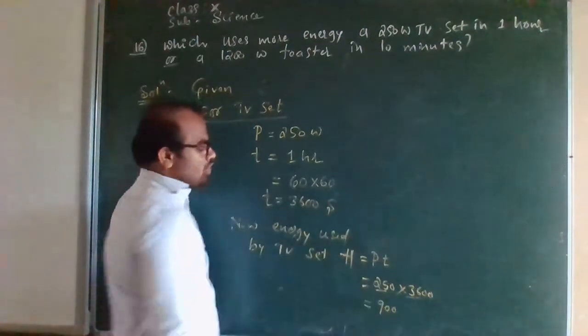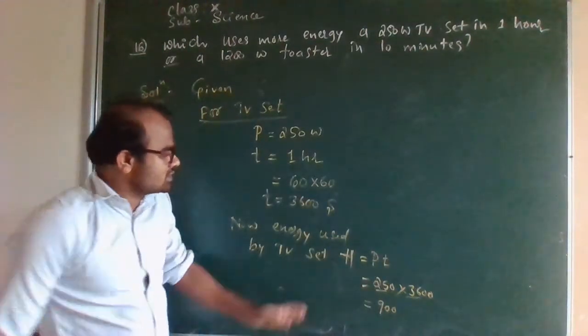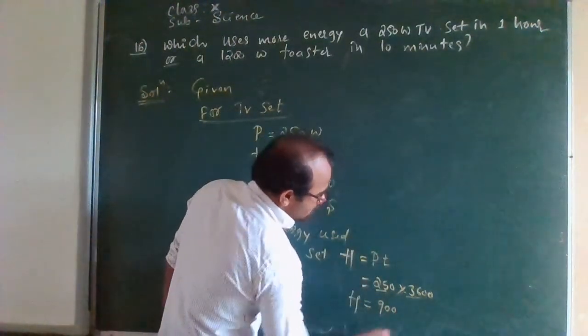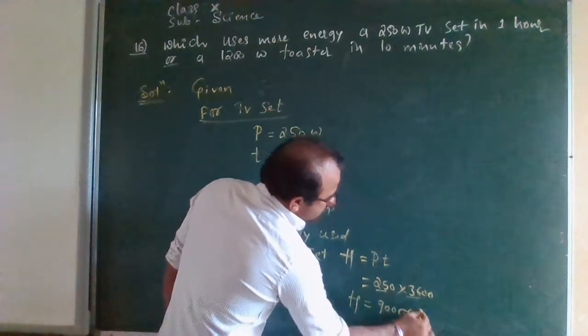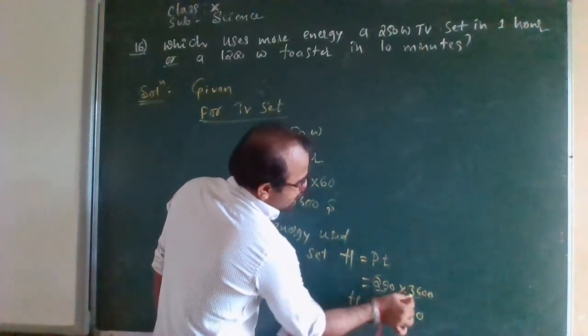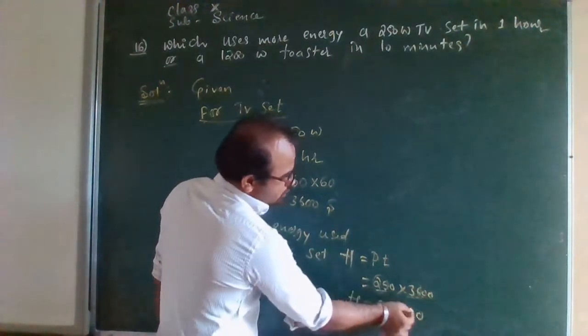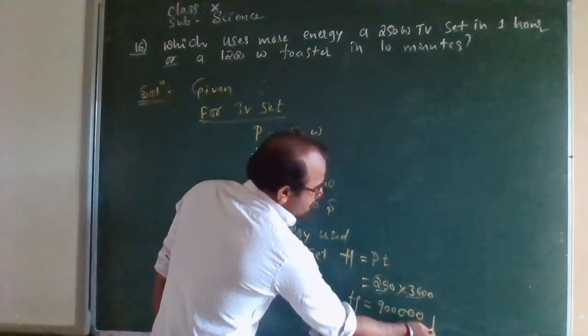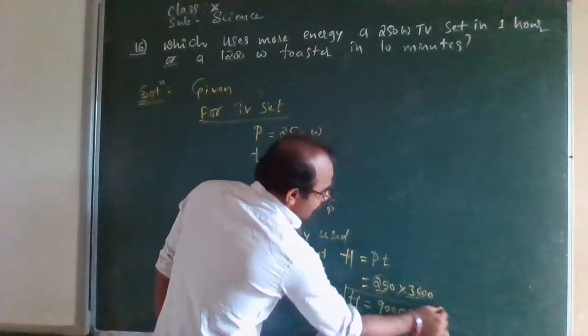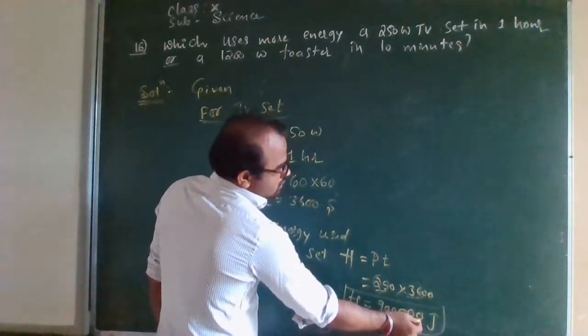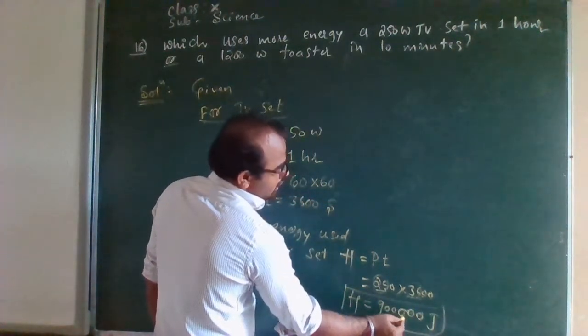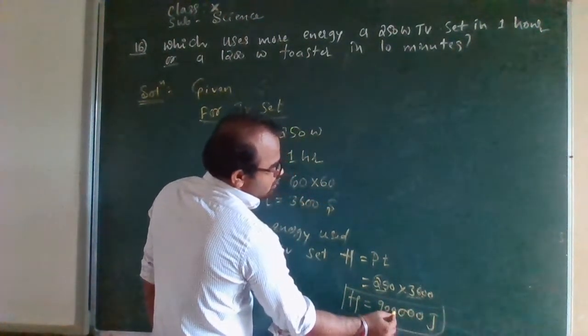Okay, 900 we got. So what is this? This is the energy, heat energy. So we will say it in joules. So this is only 25 into 36 is 900. Again we have still 3 more zeros. We have to add those zeros. So H is equal to 9 lakh. See, you need 10, 100, 1000, 10,000, lakh.